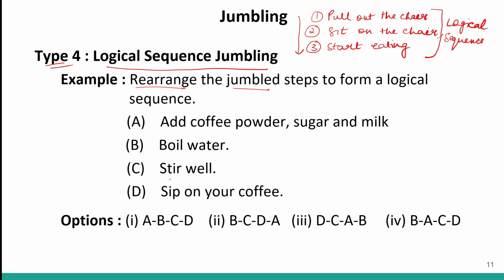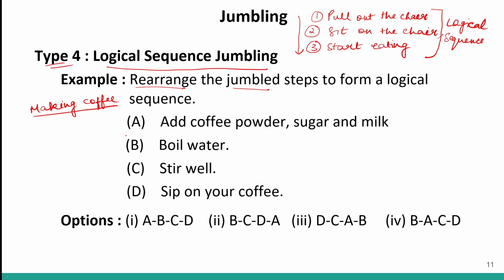Statement C, stir well. Statement D, sip on your coffee. Okay, so just by looking at it, I can see that we are making coffee, right? So anybody who has made coffee or anybody who has made tea will be able to answer this question. Even if you have not made tea at home, this is logical sequence. You'll know what to do just by looking at it.